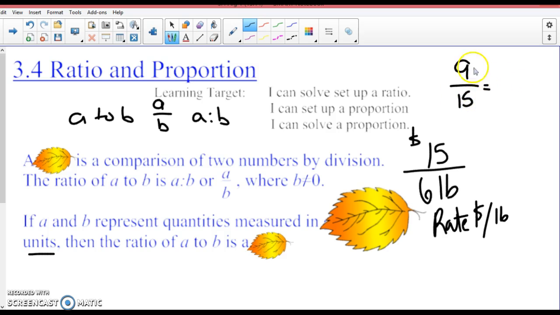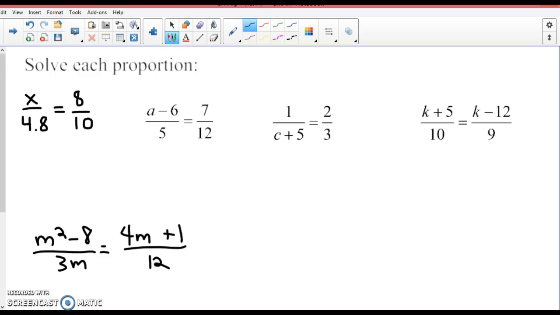That would reduce to 3 to 5. A rate is a ratio with a label. It means something. Cost per pound, miles per hour. Those are all rates, but they're basically the same thing as a ratio, except it has a unit on it.